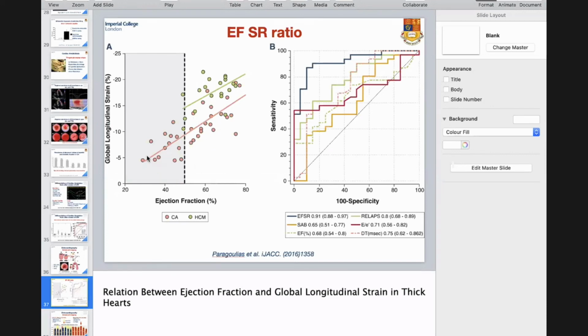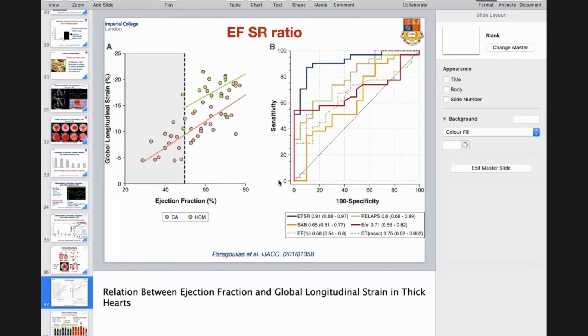And you see that there is better ejection fraction in patients with hypertrophic cardiomyopathy, and lower longitudinal strain in patients with amyloid. And we'll talk a little bit about the rest of the parameters.